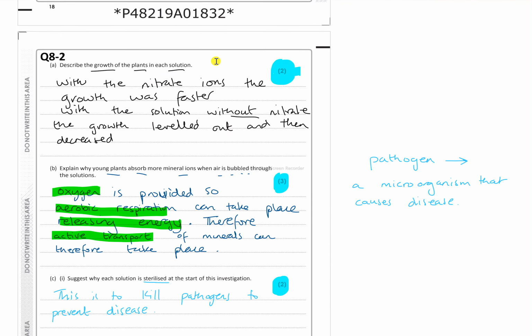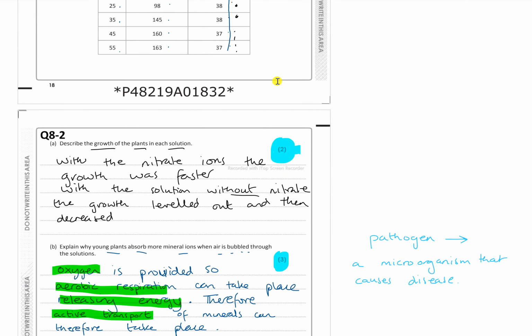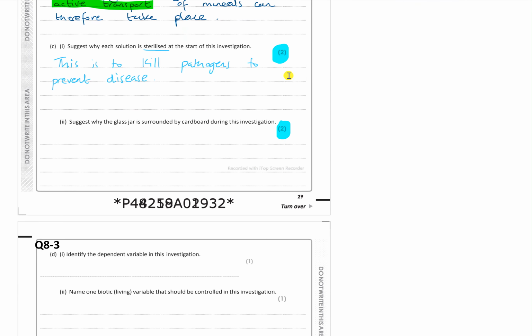Right, okay. There was a jar here and if you look here, it's got cardboard on. It's to stop light getting in. But why do we need to stop light getting into the bottom part of it? Where are we? There we are. Right.